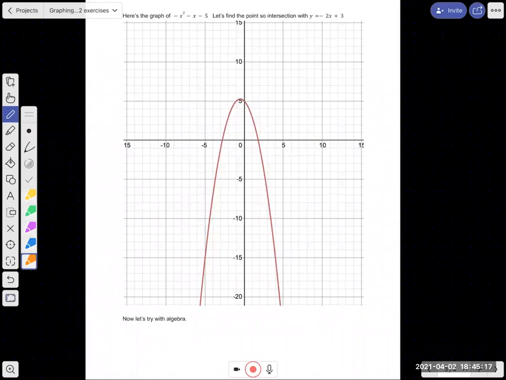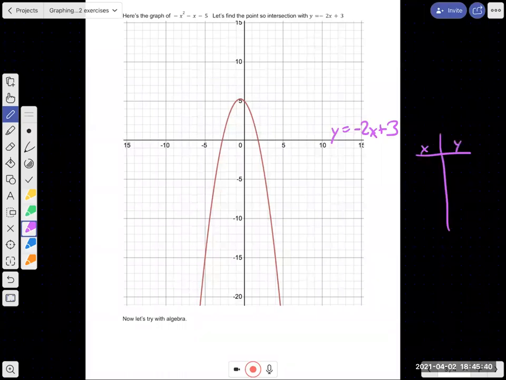So we look and we say we want to plot y equals minus 2x plus 3 and see where that intersects. And they're going along and think, well, always try 0, right? So let's just say x and y.